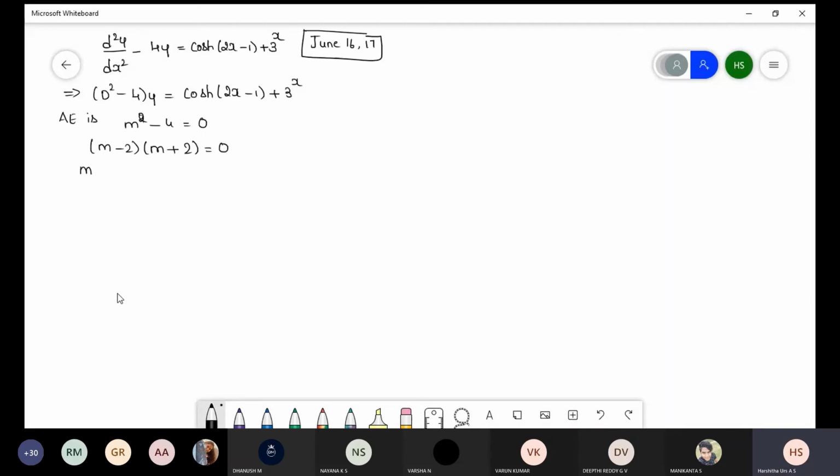So m minus 2 is equal to 0, and again m plus 2 is equal to 0. m is equal to 2 and m is equal to minus 2. So both come under case 1, both are different. So yc is equal to c1 e^(2x) plus c2 e^(−2x).